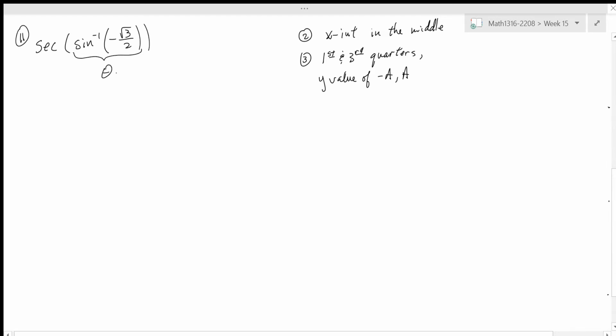An inverse trig function is always an angle. And so we're going to say theta equals the inverse sine of negative square root of 3 over 2. And then we're going to take the inverse sine and move it back over, and we're going to have sine theta equals negative square root of 3 over 2.